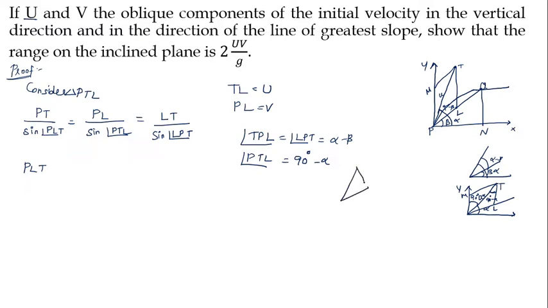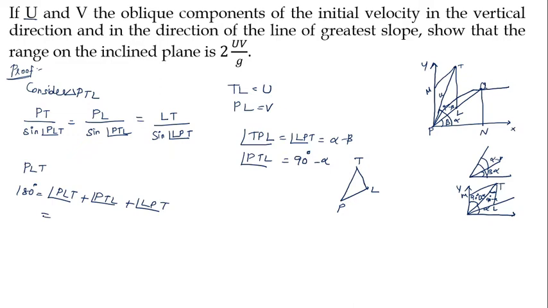This is my T, P, L. We know that the sum of the angles in a triangle is 180 degrees. So 180 degrees is nothing but angle PLT plus angle PTL plus angle LPT.